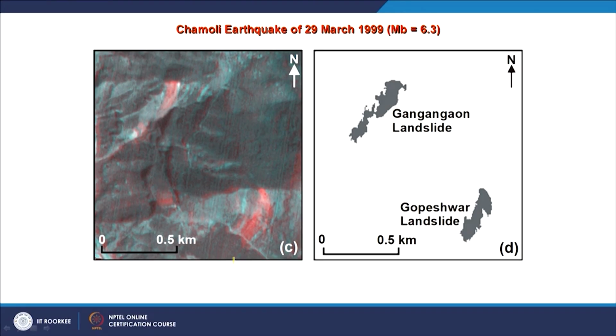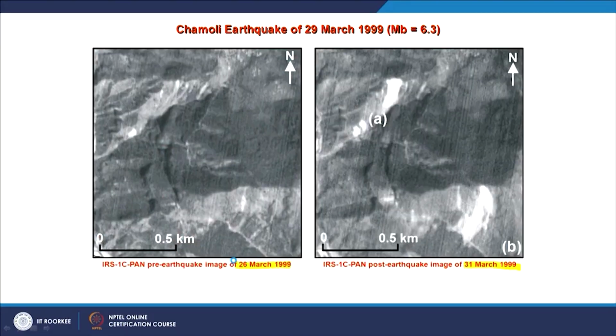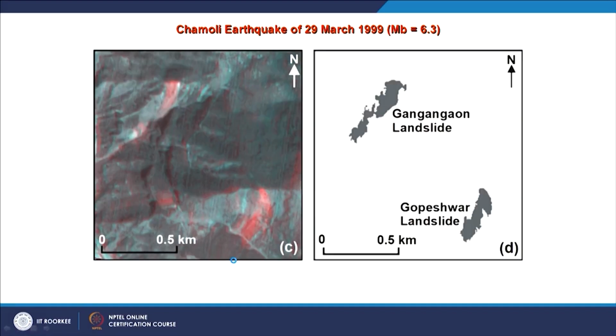So, then it becomes much easier, rather than interpreting these images having 2 different dates. Now, these 2 different dates images have been transformed using that color space concept, and a pseudo color transformation image was created, and this is what you see.